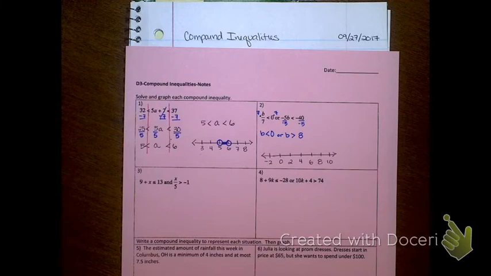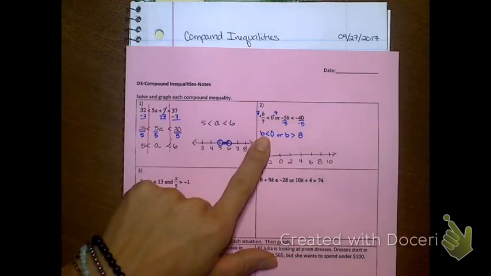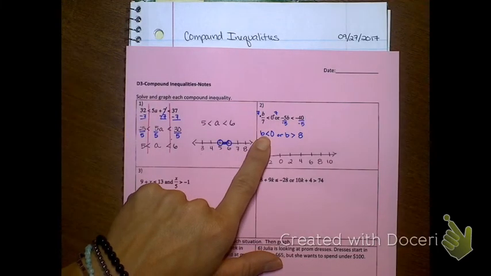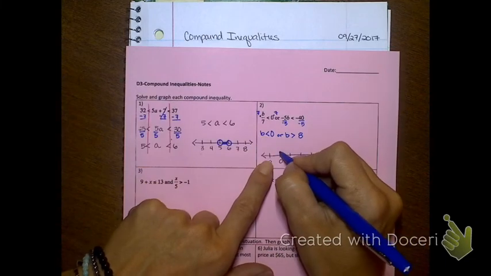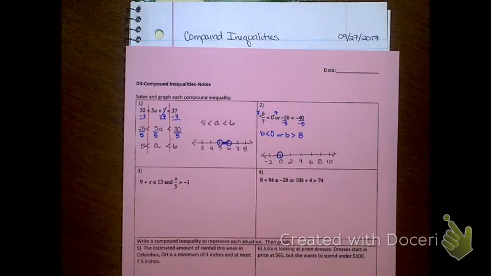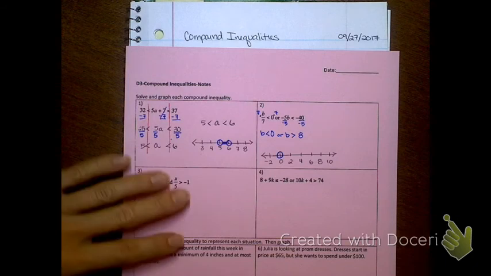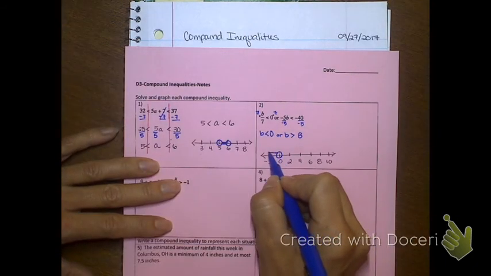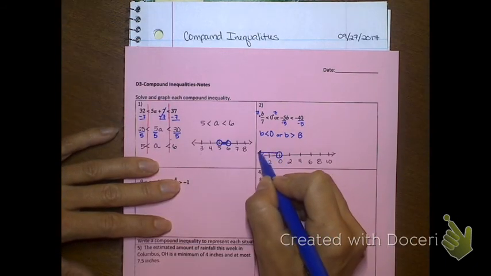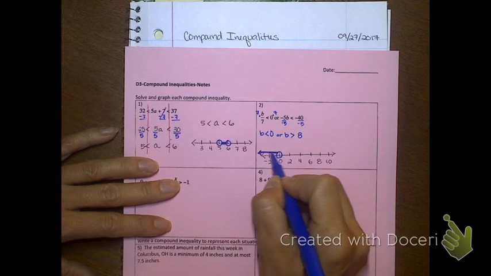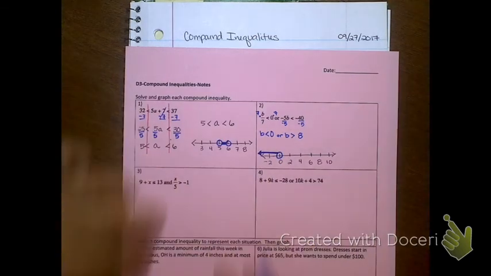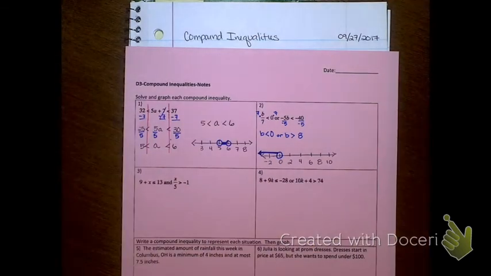Okay, so now I'm going to graph this one. So B is less than 0. So open or closed circle on 0? Open. Less than. Shading to the right or to the left? To the left. Okay, next.